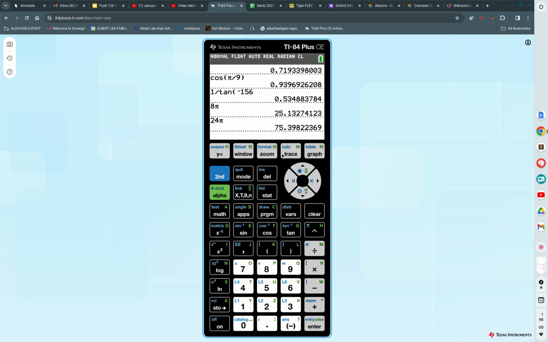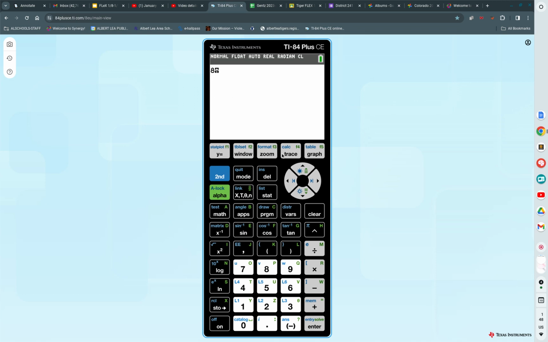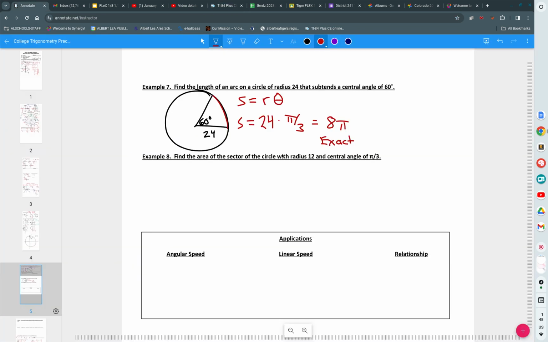So if I go to my calculator and I type in 8 pi, I get 25.13. So on your assignment, you're asked a couple times to express it exact in terms of pi, and sometimes you're asked to express it as a decimal, so 25.1 here.